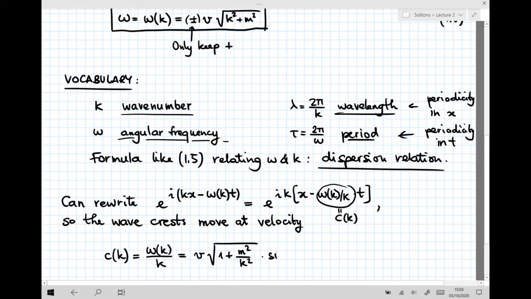And if you're careful, there is also a factor, which is the sign of k. The reason is that k can be positive or negative, and the square root of k squared is the absolute value of k, not k. So this velocity of wave crest is called phase velocity.